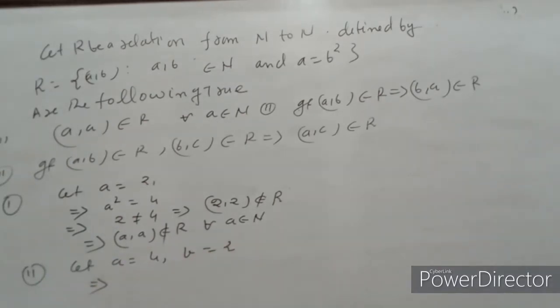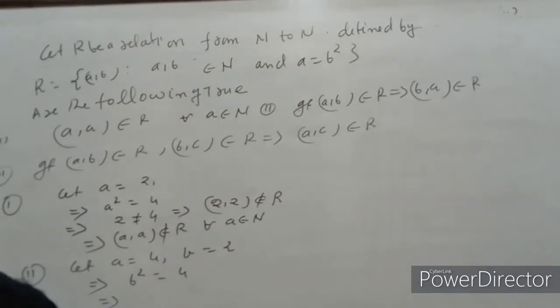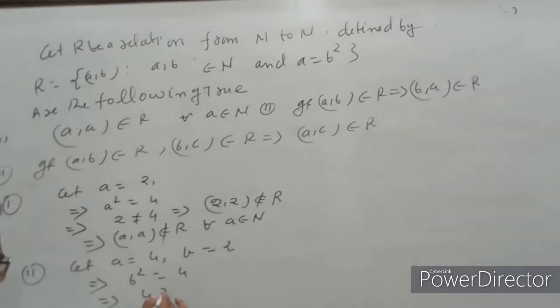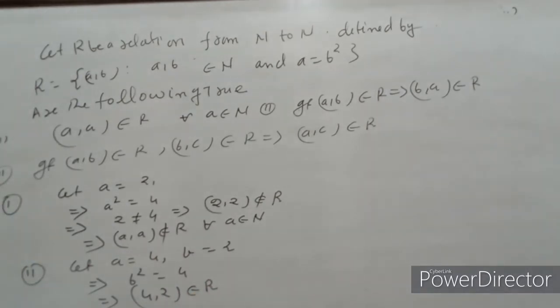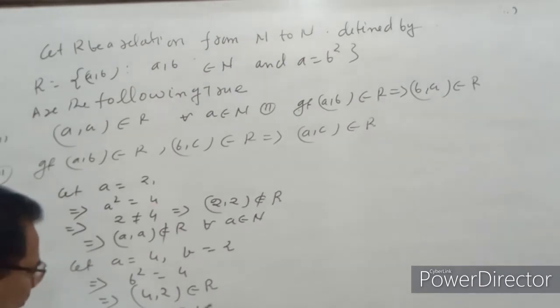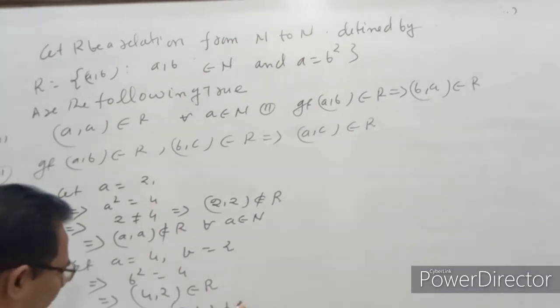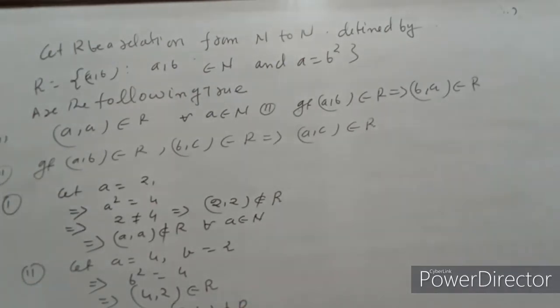So this implies that b square is equal to 4, that is 4, 2 belong to R, but 2, 4 not belong to R. 2, 4 not belong to R क्यों?